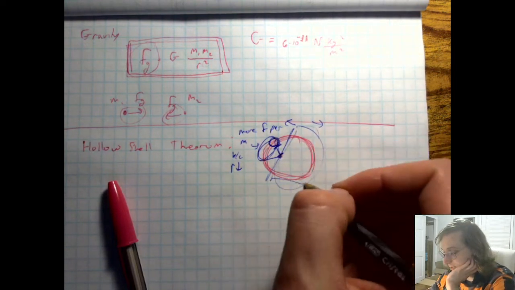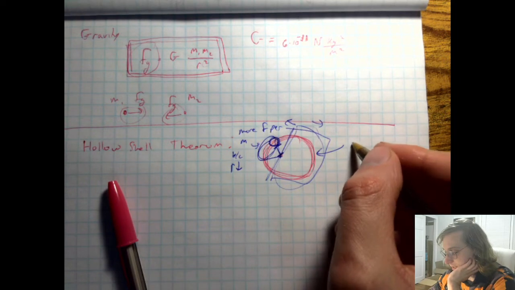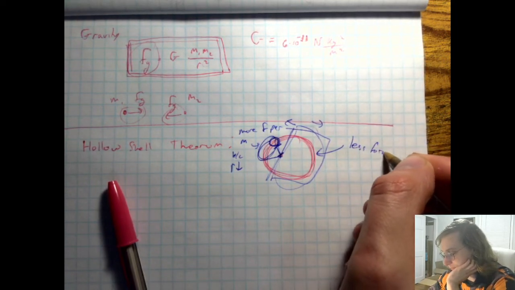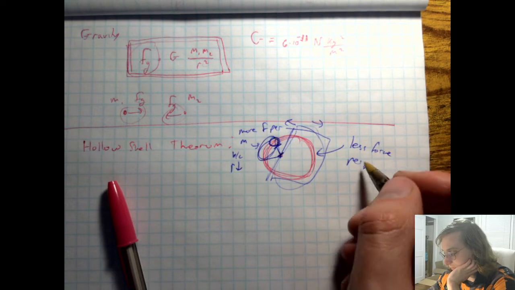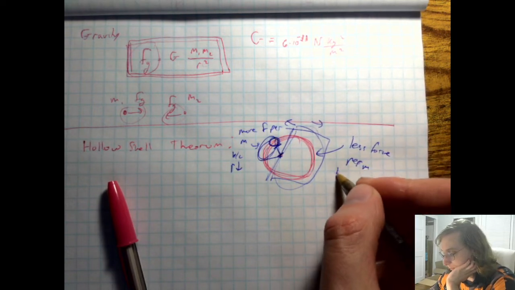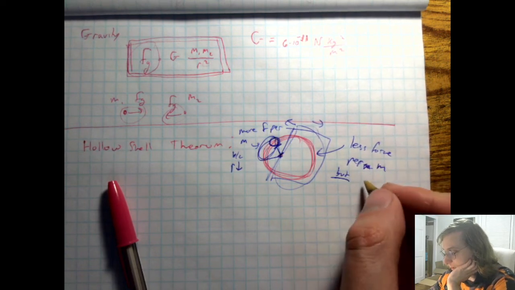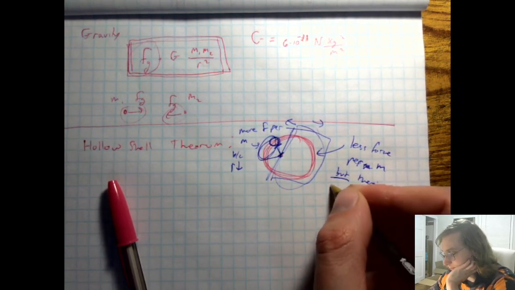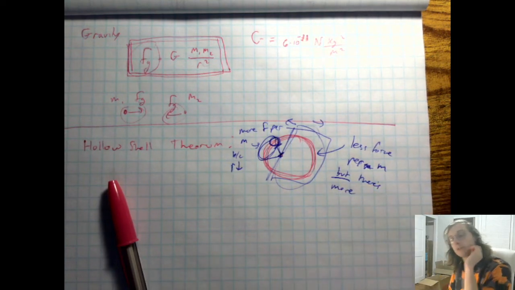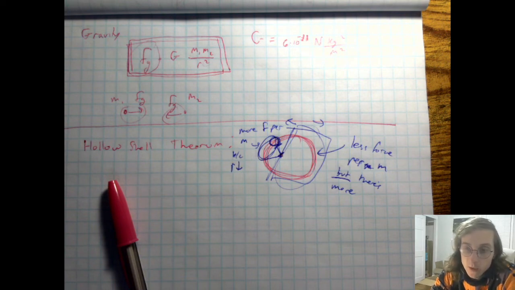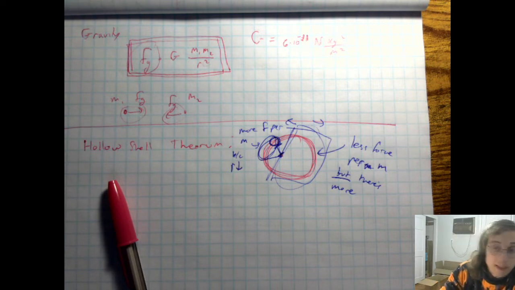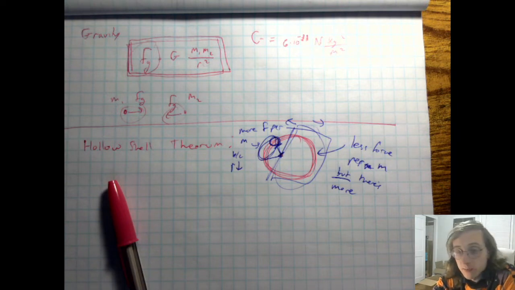But if we come over here, this side is less force per mass unit, but there's more of it. And so those two factors wind up completely and totally canceling out. And what you wind up with is a situation where neither side actually winds up pulling the dot more than the other, and all of the forces on it completely cancel.